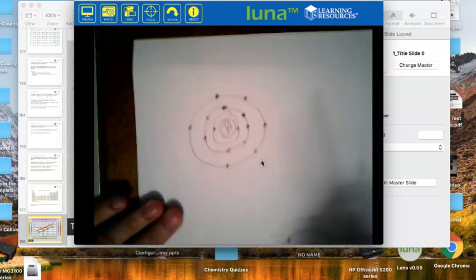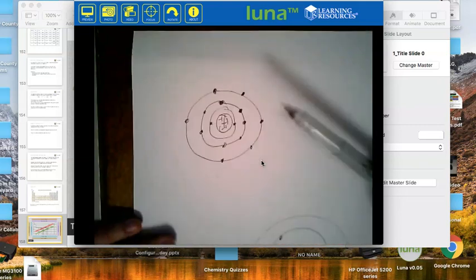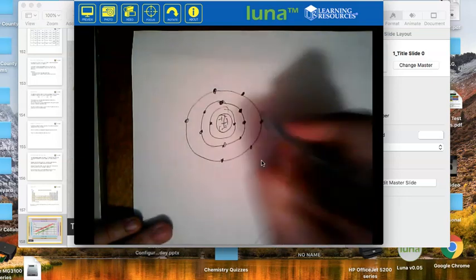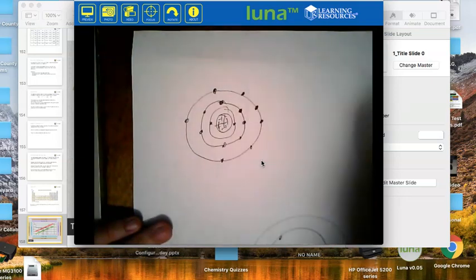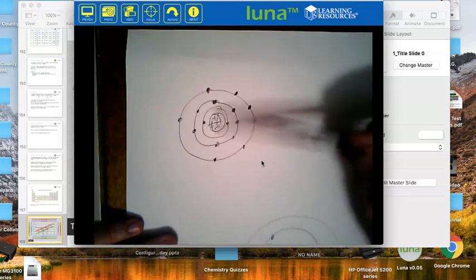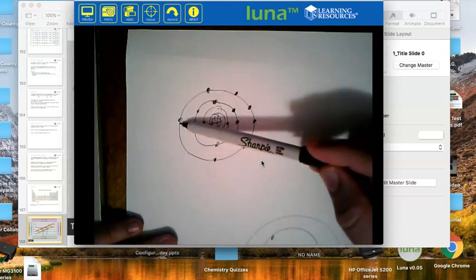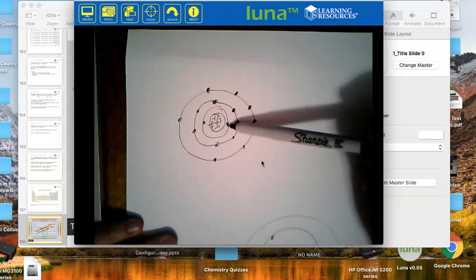But you have to remember that the number of protons is also increasing. If I add an extra electron, I have to add an extra proton. The effect of one proton is so much greater than one electron, because an electron's mass is very small, 2,000 times smaller than a proton.